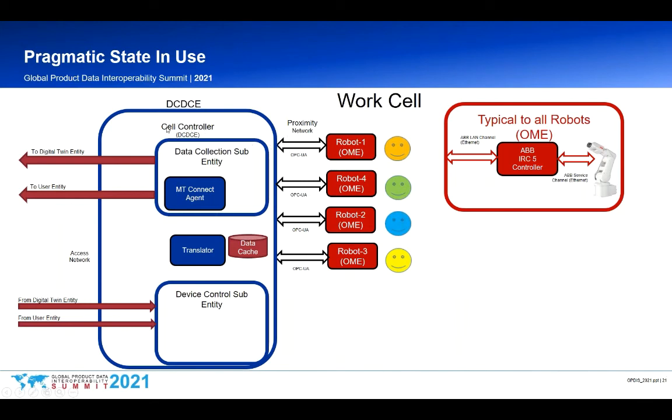But we do still have our cell collector. We do still have our hub here, which sends our work plans to the robots, and we have our MT Connect agent for the robots to send the information back to complete the digital twin.